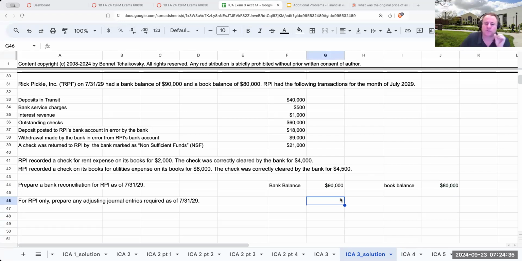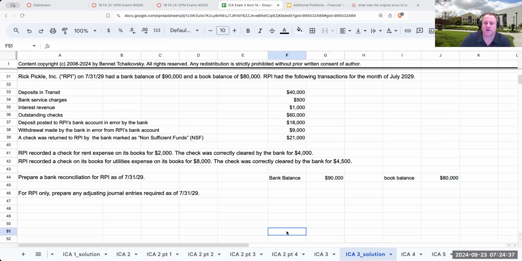Rather, I need to get down to an adjusted bank balance and then an adjusted book balance. And these need to equal, right? If they do not equal, I have a problem and I screwed up creating this question. Okay. So let's go through and look at these during July.